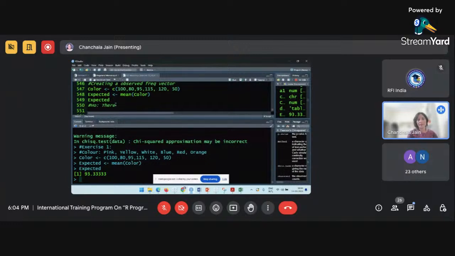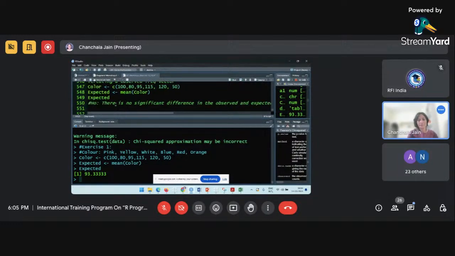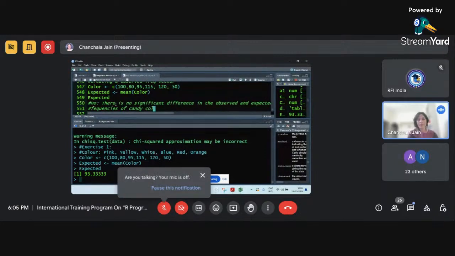First way: there is no significant difference in the observed and expected frequencies of candy colors. Is it fine?